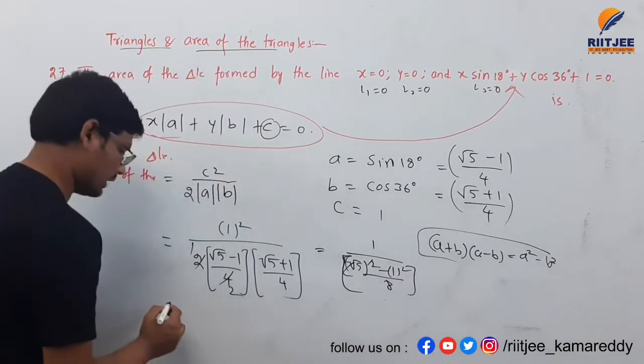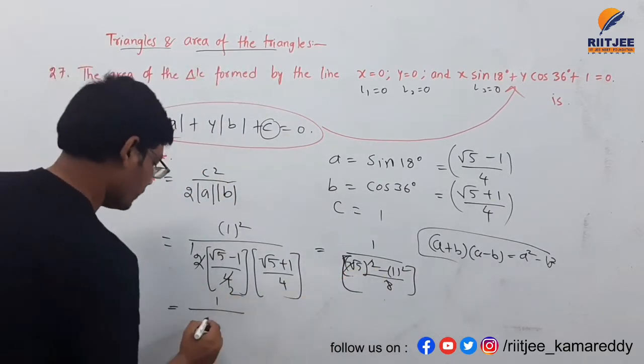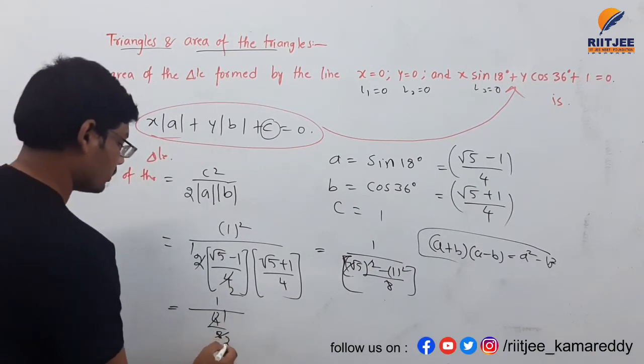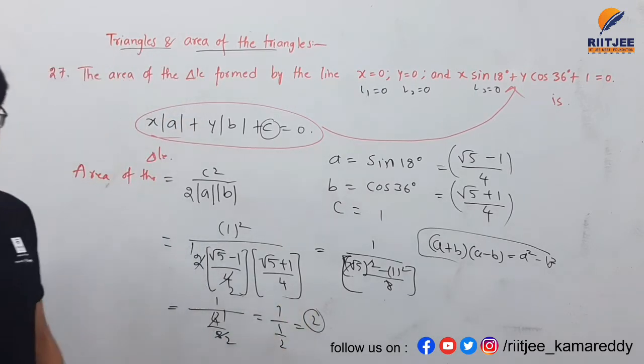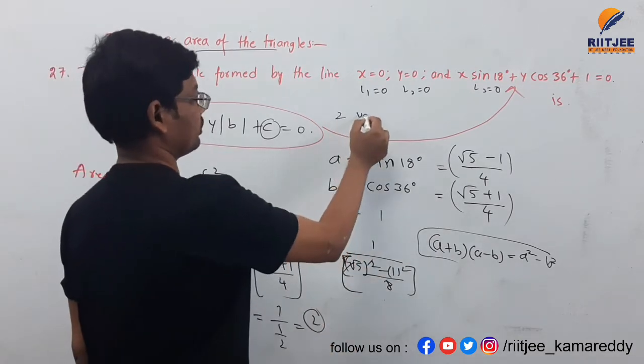The next step is 1 by 5 minus 1, 4 by 8, which is 1 by 2, that is nothing but 2 here. Then the area of the triangle is 2 units.